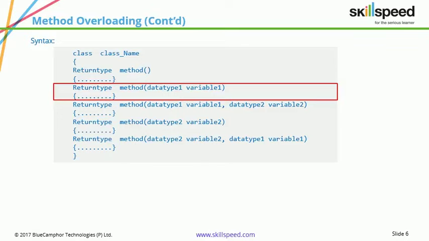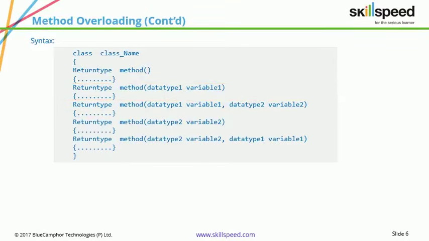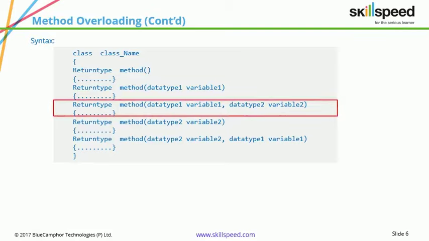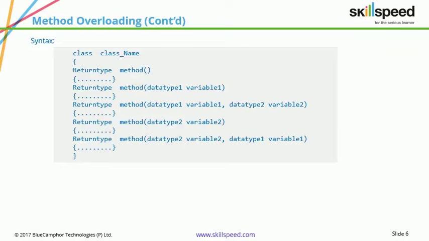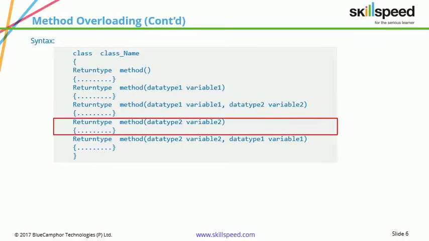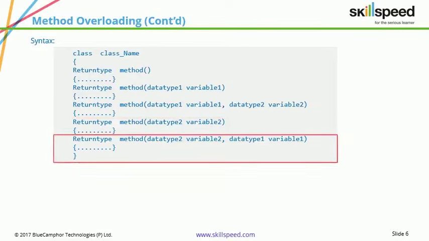Maybe data type 1 followed by variable 1, only one parameter. Again, the same method name with return type, method, and data type 1 variable 1, comma, data type 2 variable 2. Again, another method with return type, method, data type 2 variable 2.